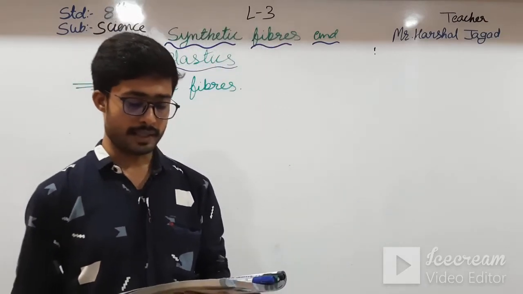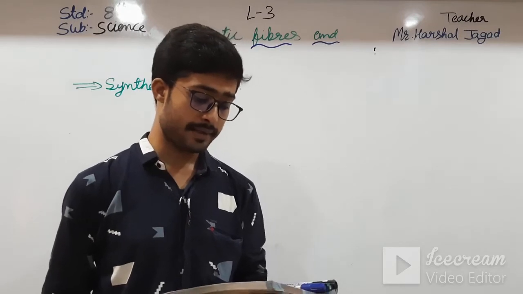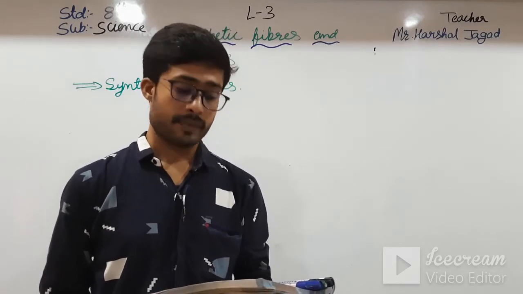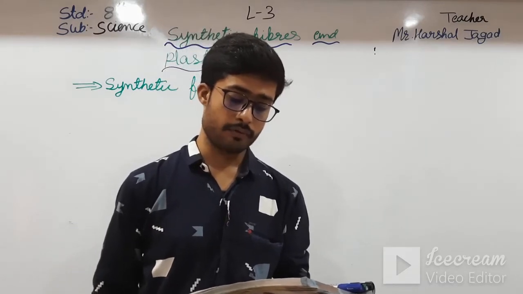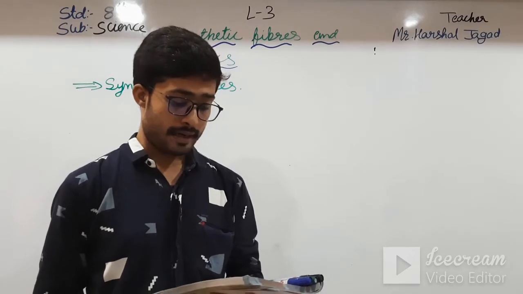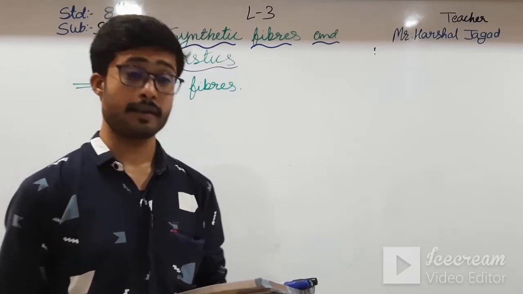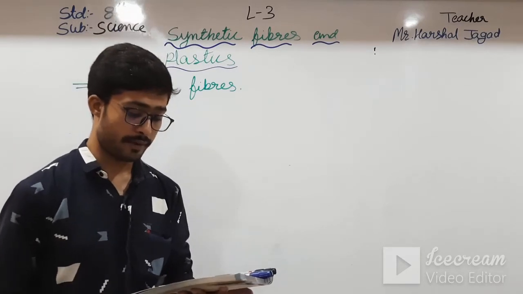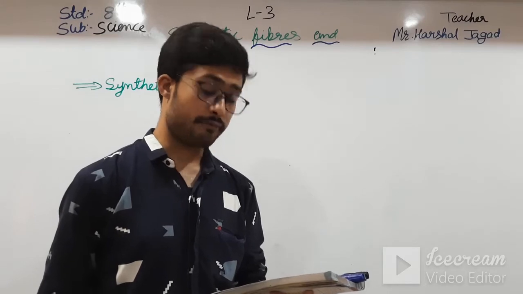Fabrics are used to stitch different types of clothing or garments such as shirts, trousers and skirts. Fabrics are also used for the manufacture of carpet, bed and table linen, curtains, towels, etc. Fabrics or clothing materials are generally made from thin threads like fibers.